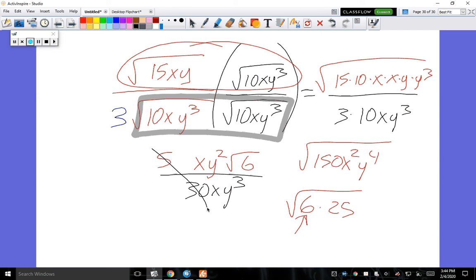What's 5 and 30 reduced to? 1/6. What are the x's reduced to? Not 0. That's a good mistake. 1. Because this is a form of 1 cancellation, which is helpful for the rest of this year. You'll see it coming. There's 2 y's up top. There's 3 y's on the bottom. Who wins? The bottom one. By how much? 1. And then you're left with root 6.